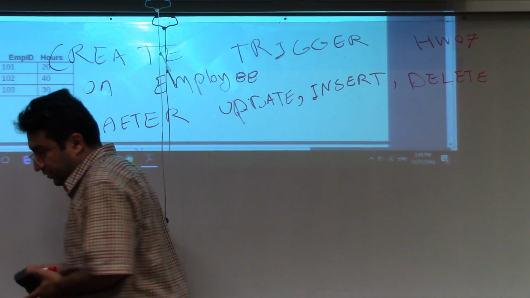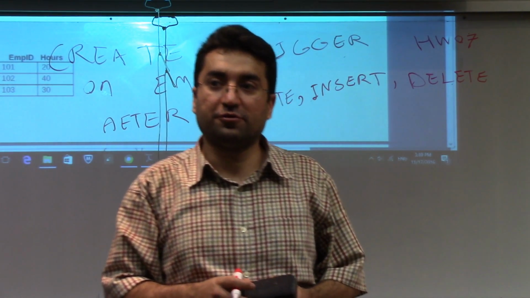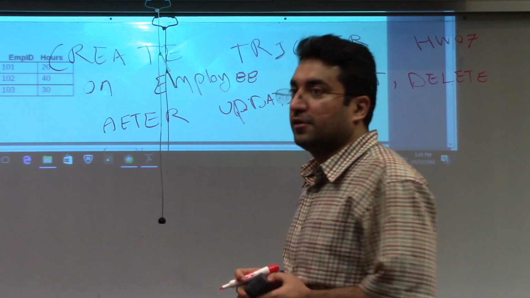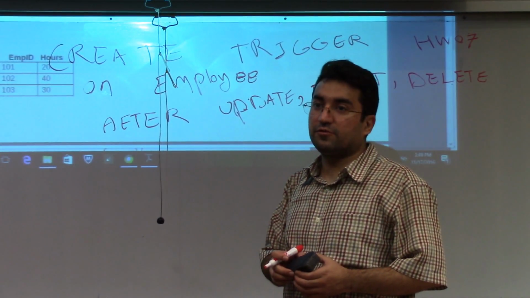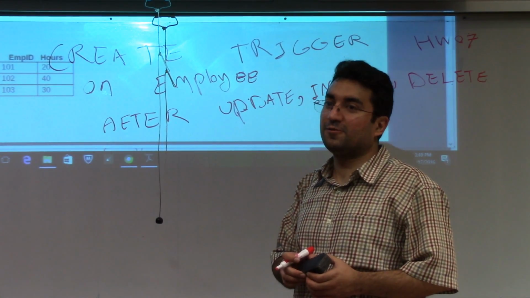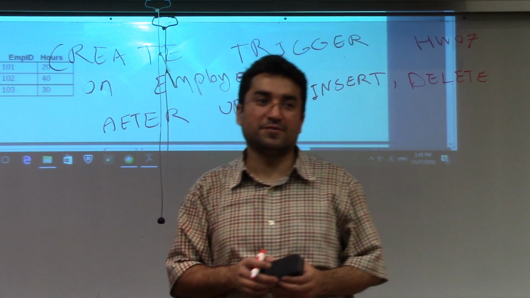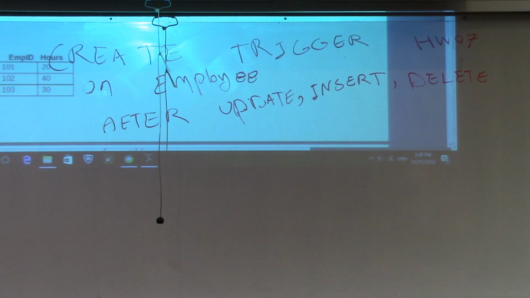So should it be based on row or transaction? For each row? It should be for each row, no? No. Why do we say that it should be for each row?